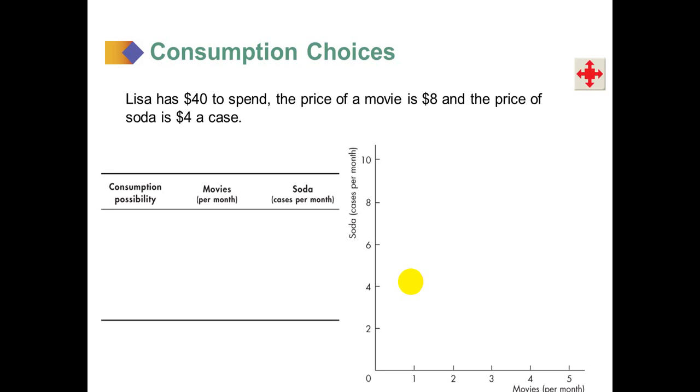Consumption choices are all the things that you can afford to buy. We will study the consumption choices of our example about Lisa, who buys only two goods: movies and soda.